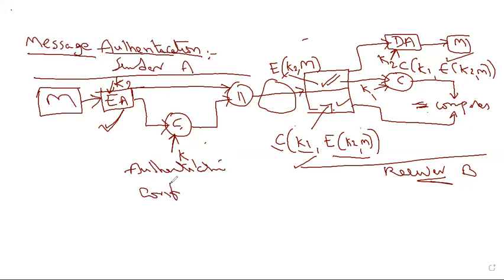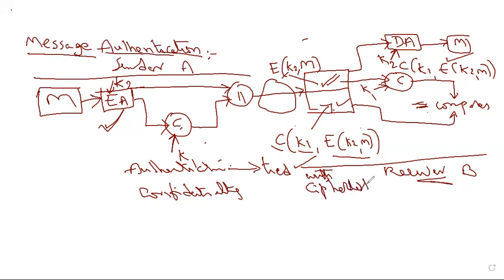Confidentiality is provided because the sender and receiver are using the secret key, and for decrypting, the receiver uses the secret key. But this authentication is tied with ciphertext, because the MAC code is generated from the ciphertext. So this is one alternate for providing confidentiality.